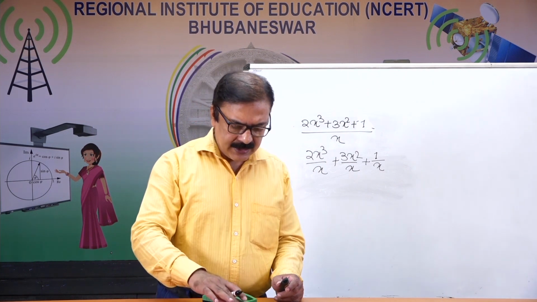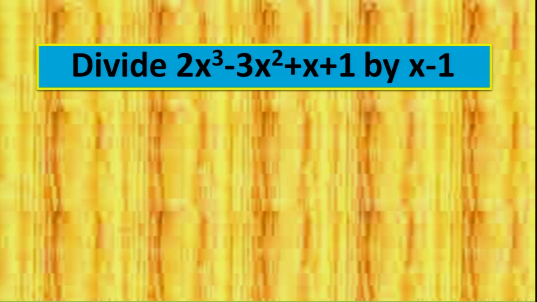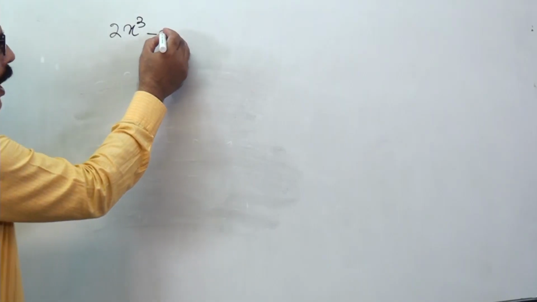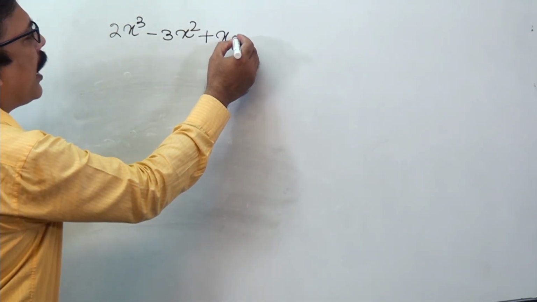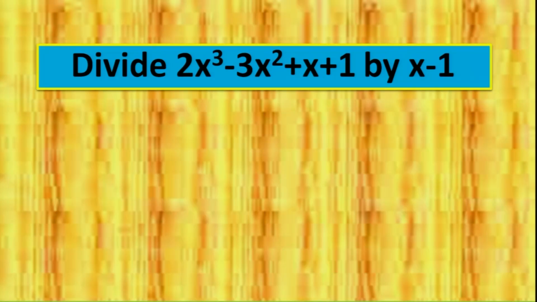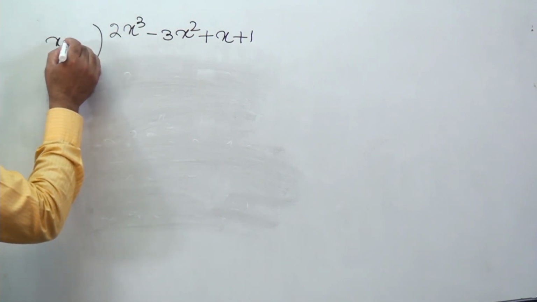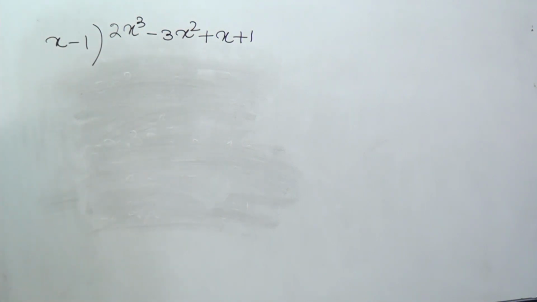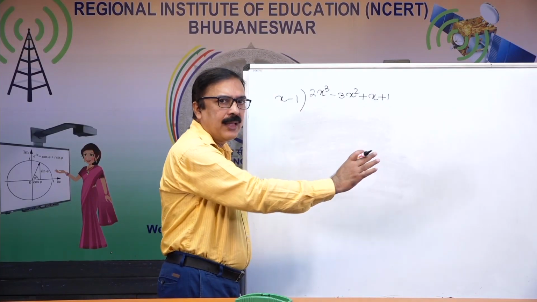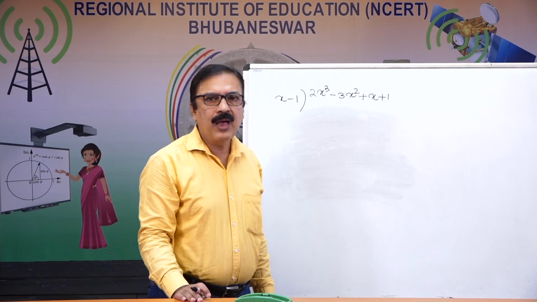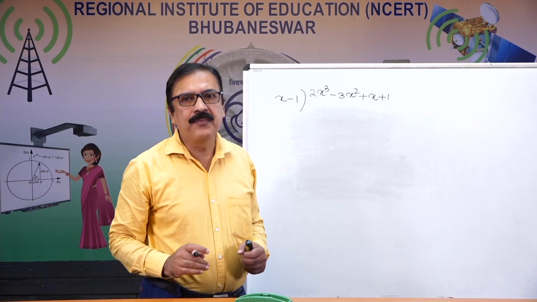Let's divide it. The question is 2x cube minus 3x square plus x plus 1, and this is to be divided by x minus 1. Let's understand the process of division in polynomials. Whenever a polynomial is given, first of all we have to write it in standard form.